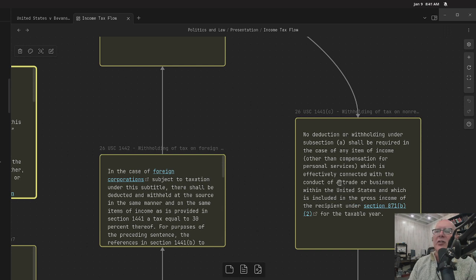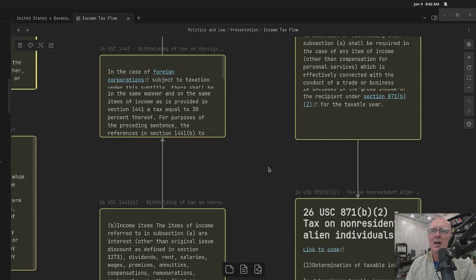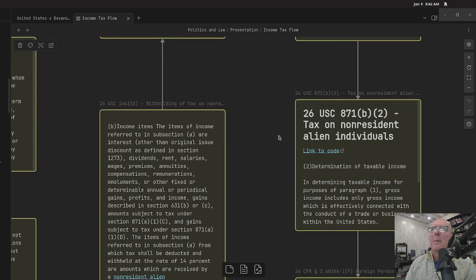So what this section is actually excluding is that if I'm a non-resident alien and I made money from within the United States and I filed the appropriate form according to 871 for that income, then I'm not obligated to worry about this section because I've already put it on another form. But again, it's money coming from within the United States. It's not just any money that I make.